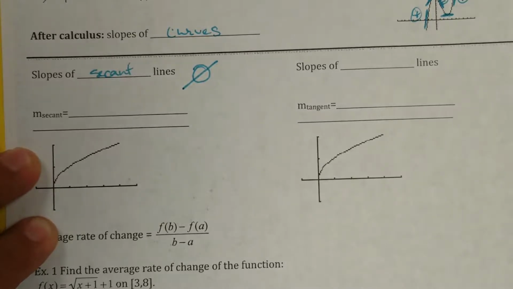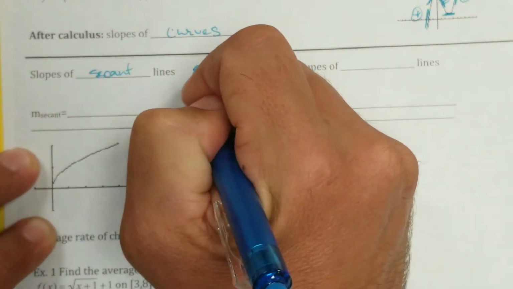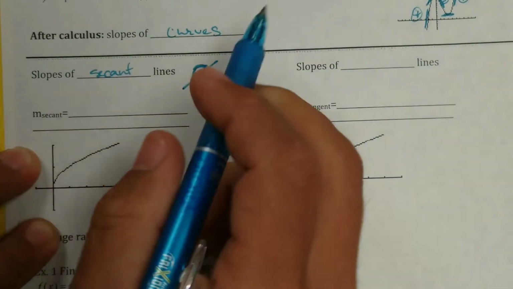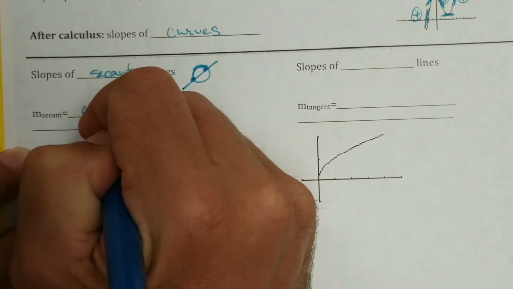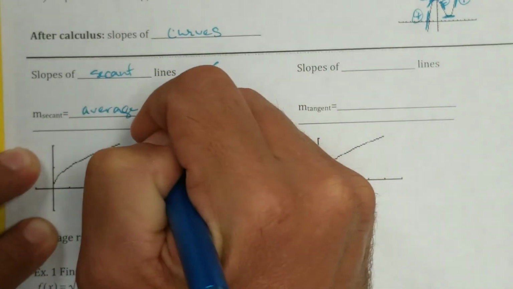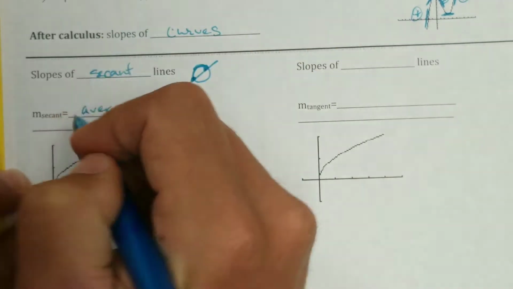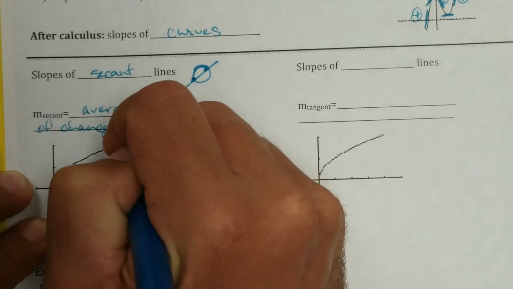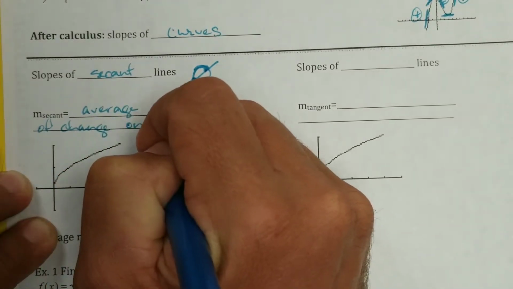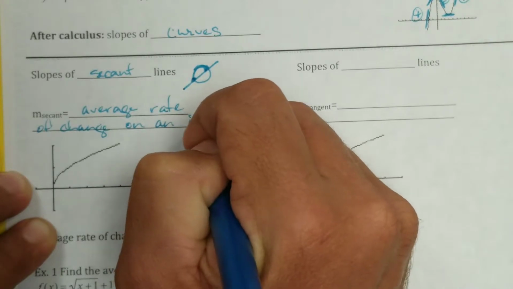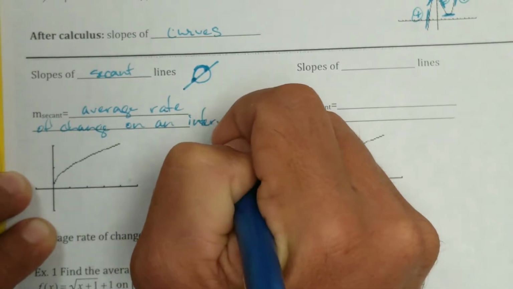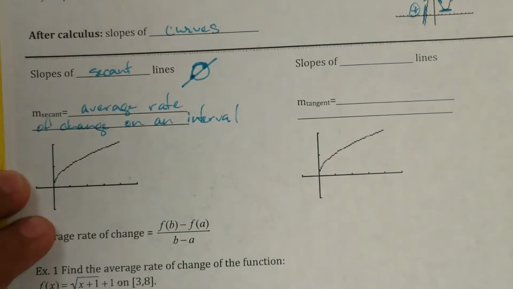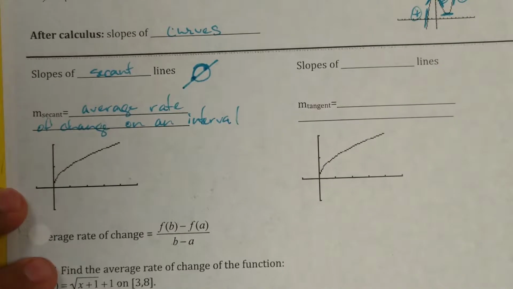So if you're going to use a secant line going through this point and this point on a curve, then that is known as the average rate of change. And we'll say the average rate of change on a specific interval, on an interval. Because that average rate of change, or AROC, is going to change depending on the interval.